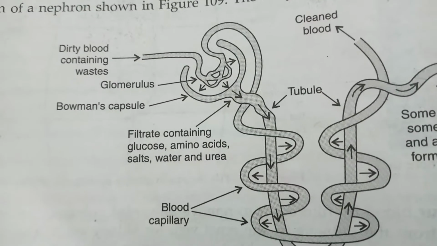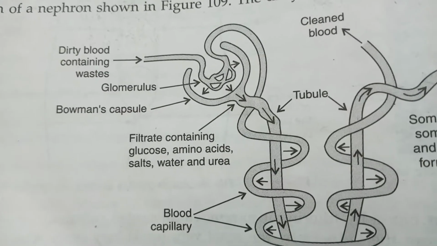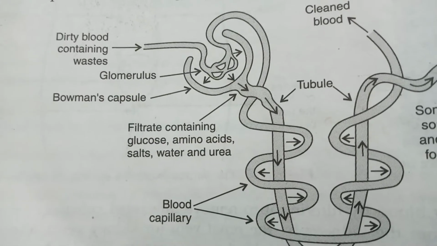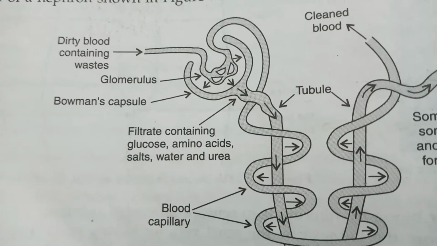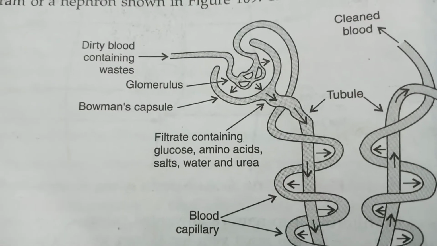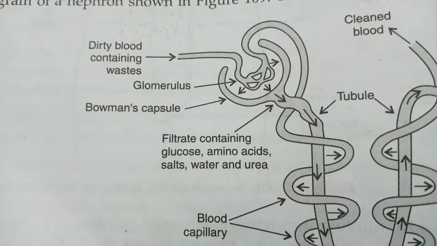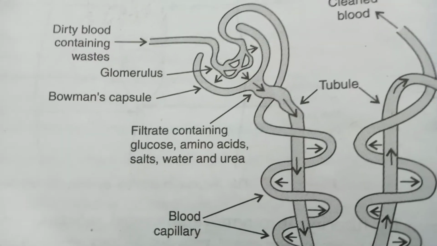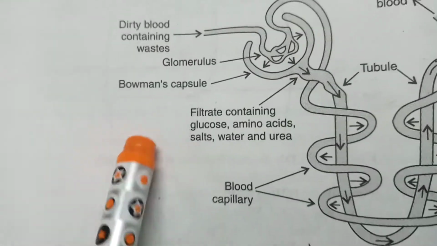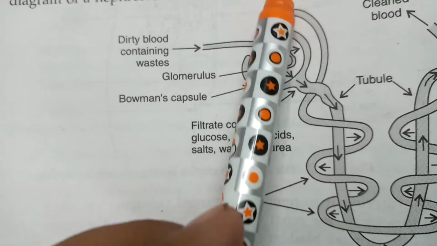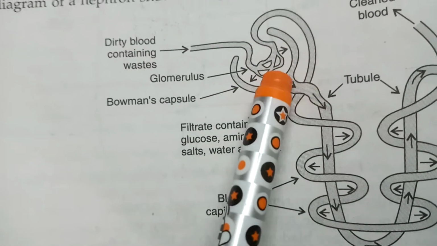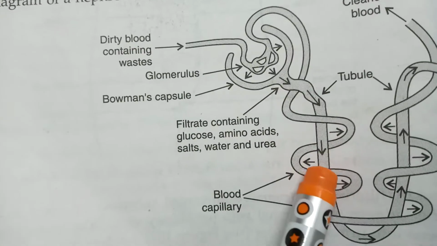Now the glomerulus will do the main function of filtering the blood. Only the small molecules of substances present in blood, like glucose, amino acids, salt, urea and water, pass through the glomerulus and collect as filtrate in Bowman's capsule and enter the tubule.